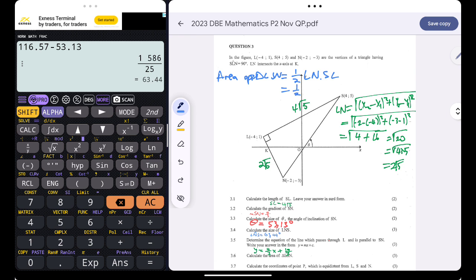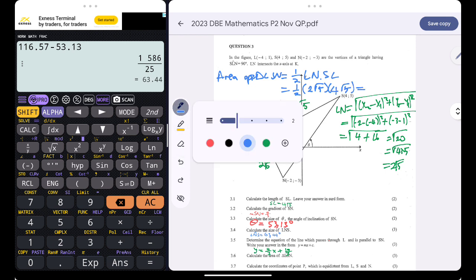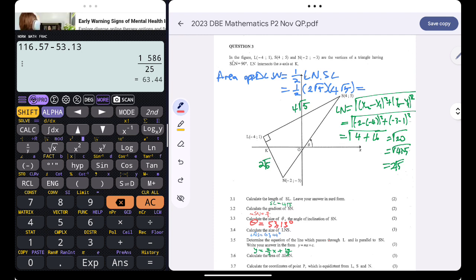So it's 1 over 2, LN is 2 root 5, and then SL is 4 rather, and then the area will be 20 units squared. That's how I will find the area.